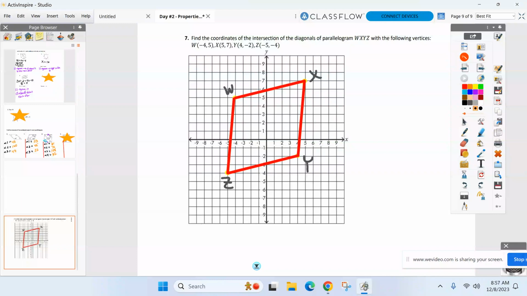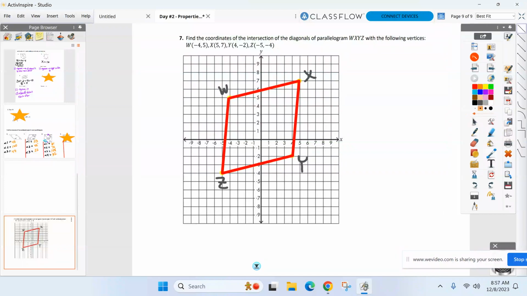And it's asking for, what's the intersection of the diagonals? Name the point that's the intersection of the diagonals. And I won't accept you guys just drawing them in and saying, oh, it looks like it's this point. I want you to show me algebraically you know it's this point.